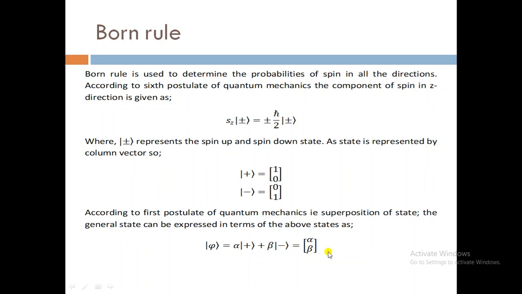On multiplying that, what will we get? Plus plus equals 1 and plus minus equals 0. So we will get alpha square plus beta square. We can solve that if we become confused.